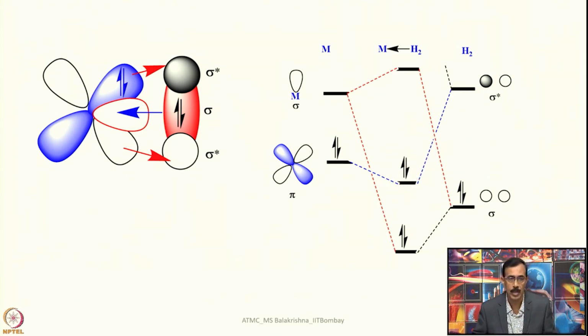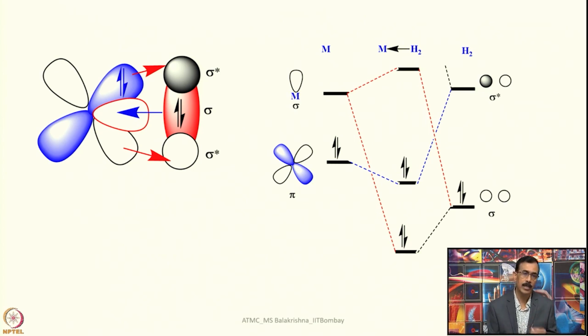Now what happens? The bonding electrons are drifting away, so that essentially weakens the HH bond. Besides this, you are also adding electrons to the sigma star. So there is a two-way weakening effect one can envisage here.